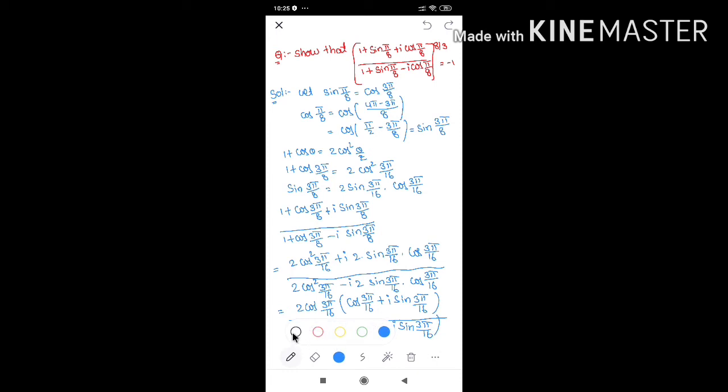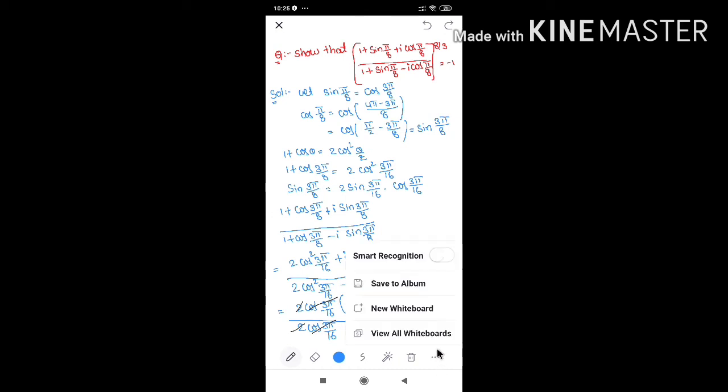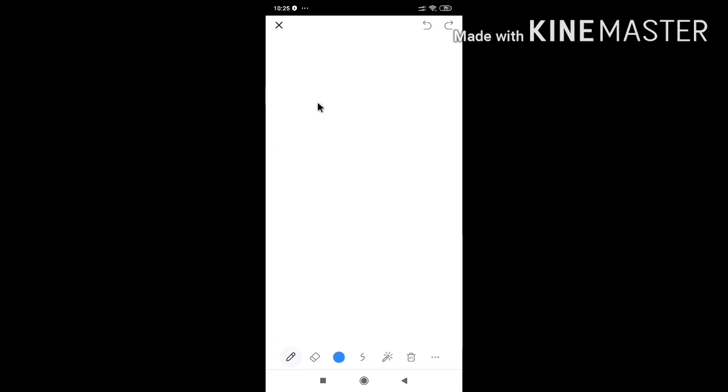Here we can cancel 2 cos 3 pi by 16. Next, this value cis 3 pi by 16 over cis of minus 3 pi by 16.